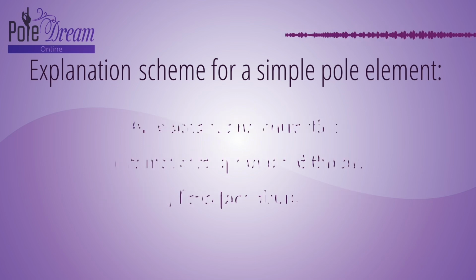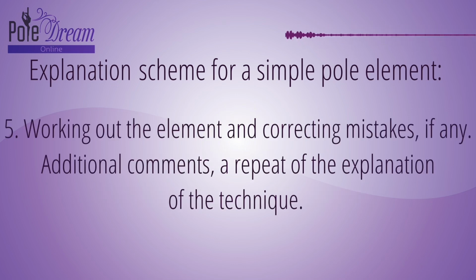And number 5 is working out the element and correcting mistakes, if any. Again, some additional comments or repeating the explanation of the technique. So here you already know that all students can do the trick somehow, or at minimum they understand, because this is not always successful.